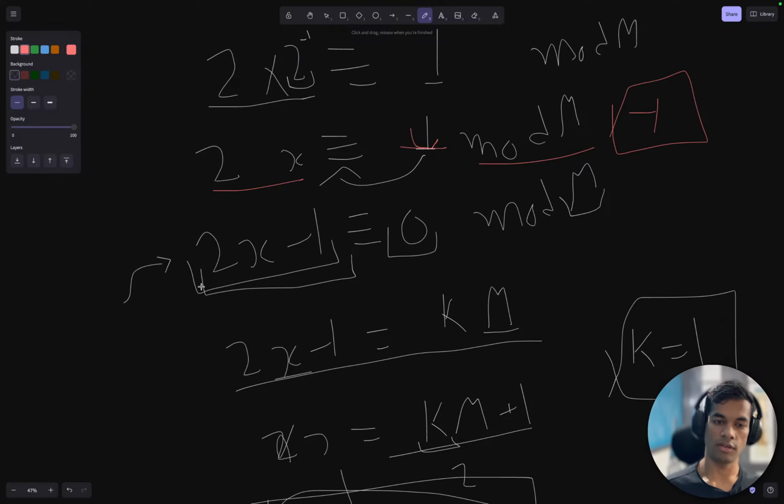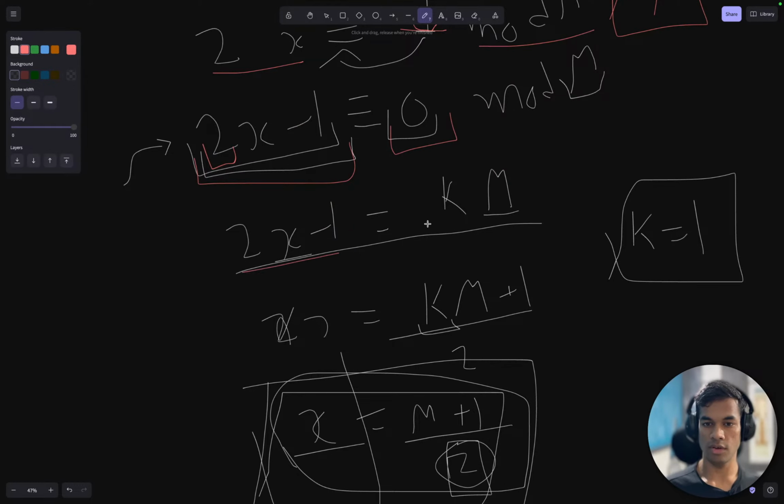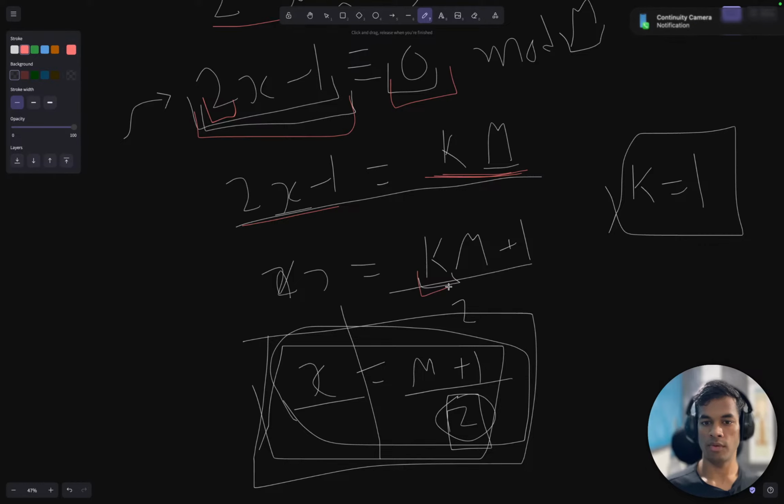Yep, this should still hold, even if we have something else other than 2 here. There should be no problem with this. But when we are putting k equals 1, that might be a problem, actually.